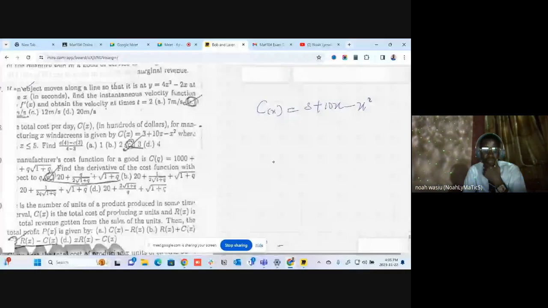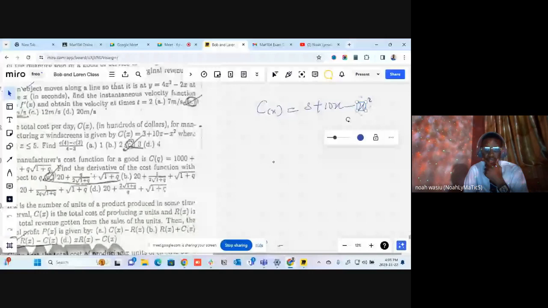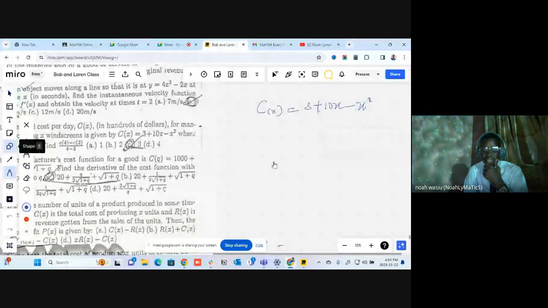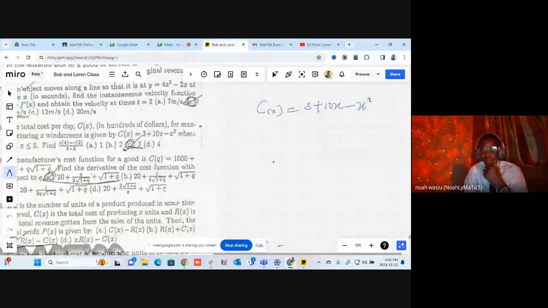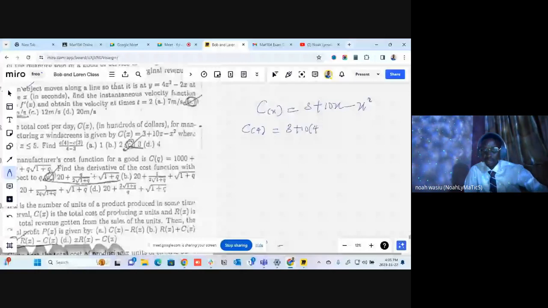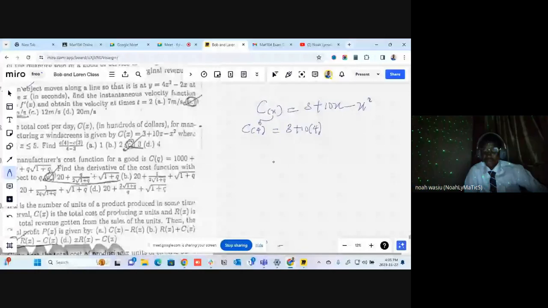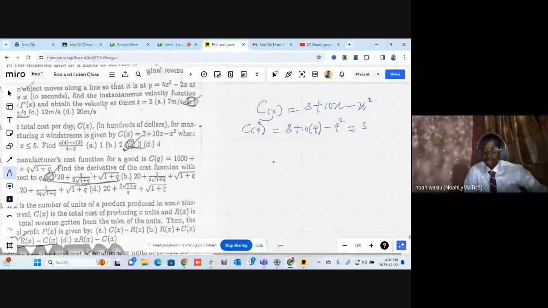For C4, I'll have 3 plus 10 times 4, since X is 4, then minus 4 squared. That equals 3 plus 40 minus 16, that's 43 minus 16, which is 27.